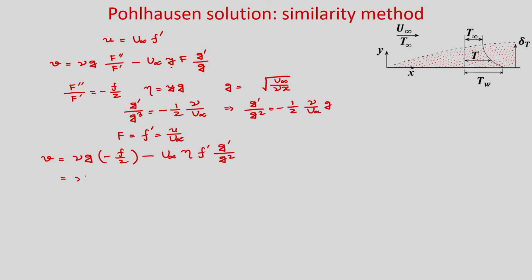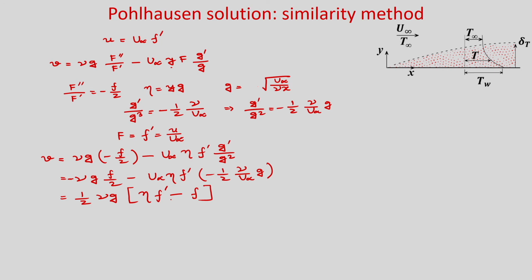So, you can write nu g (F by 2) minus u_infinity eta f prime. So, it will be minus half nu by u_infinity into g. So, if you take half nu g outside and this minus minus plus. So, it will be eta f prime and the first term you can see it will be minus f, okay.